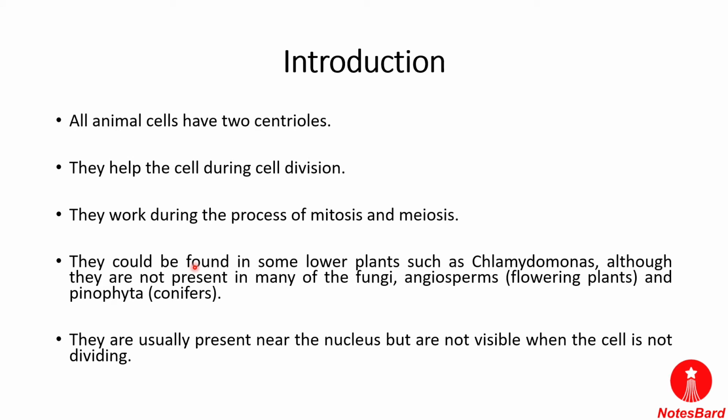They could be found in some lower plants such as Chlamydomonas, although they are not present in many fungi, angiosperms, and conifers. They are usually present near the nucleus, but they are not visible when the cell is not dividing. So these are the basic things about what a centriole is.